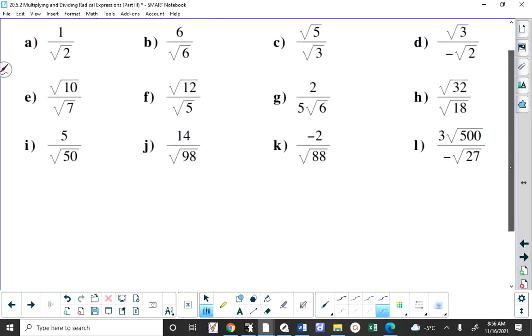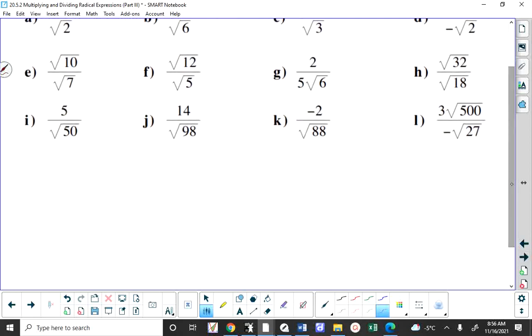Okay. So we have root 32 over root 18. I can see by looking at 32 and 18 that I can tear those apart because they each contain perfect squares, and that might end up being the quickest path, but I like to simplify fractions first.